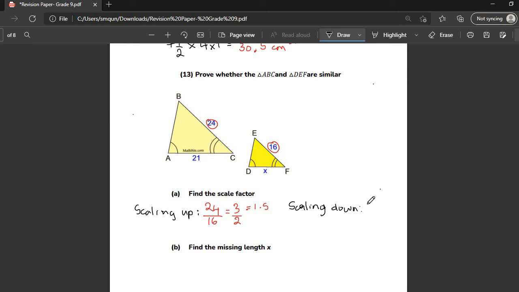So it's going to be 16 over 24 when you're scaling down. Again, we can break this down into its simplest form, which is 2 over 3. Or you can write this as 0.7 to 1 decimal place.